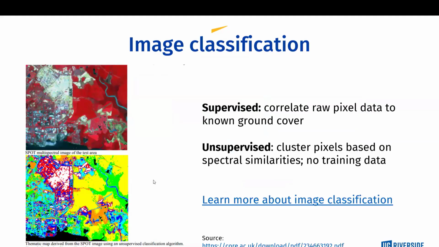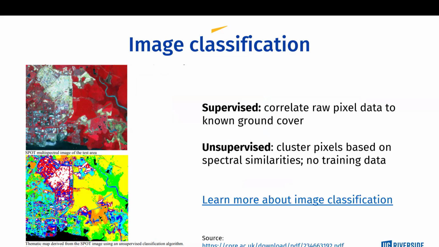Another category is image classification. This has been around for a while. The basic idea is that those pixels have values, and no surprise, perhaps, that the values represented in some pixels typically come from a particular type of ground cover. There are two basic ways of approaching image classification.